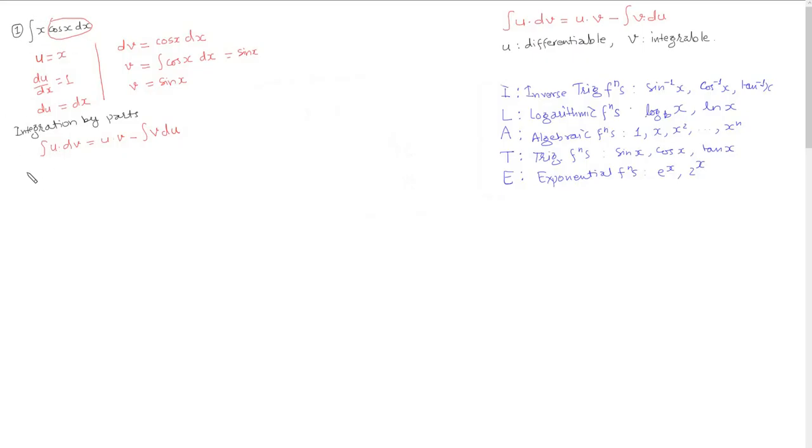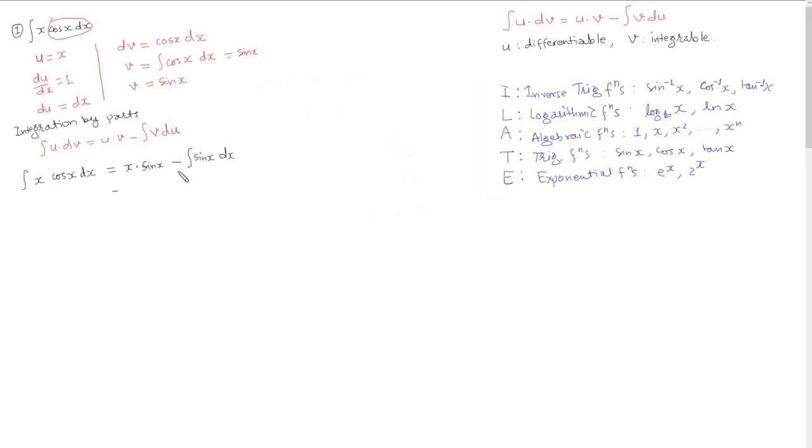This would become: u is x, v is sin x, minus integration of v is sin x, and du is dx.